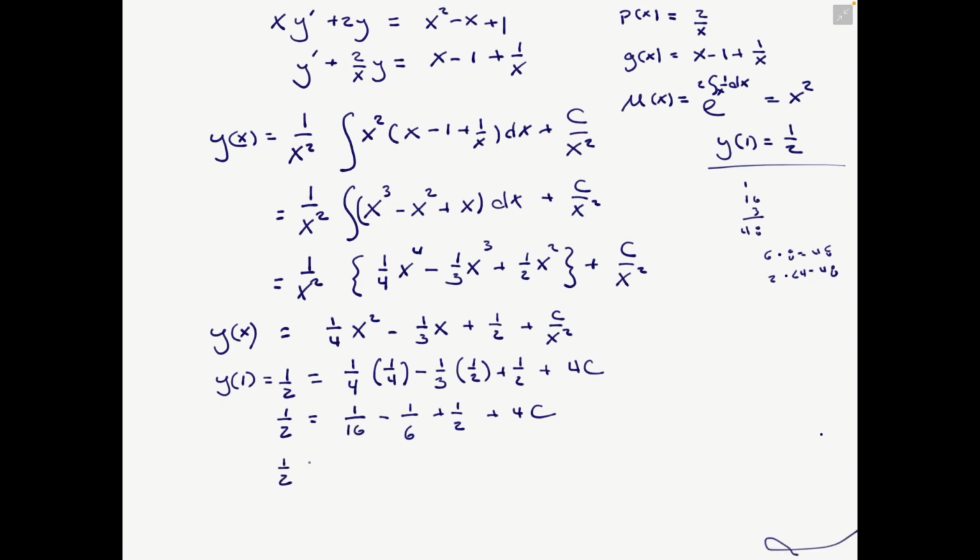So we have 1/2 equals 3/48 minus 8/48 plus 24/48 plus 4c.